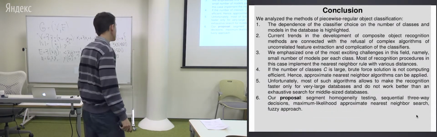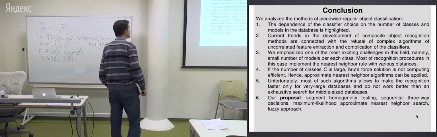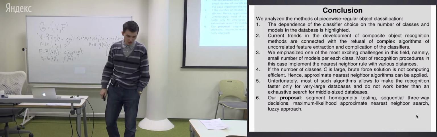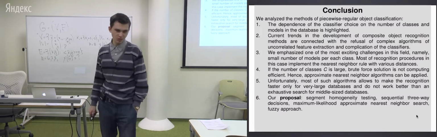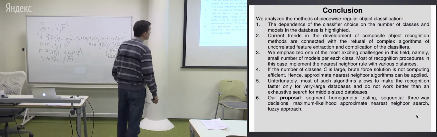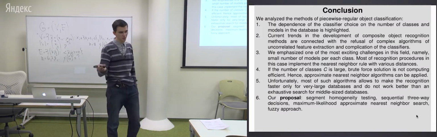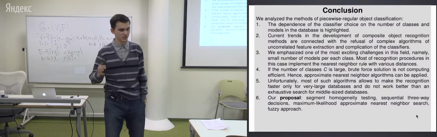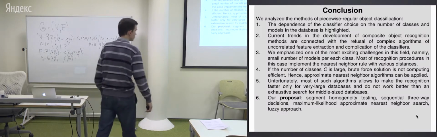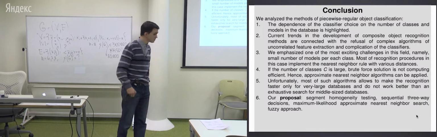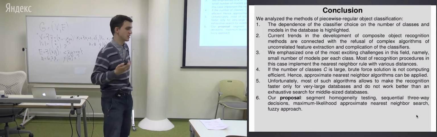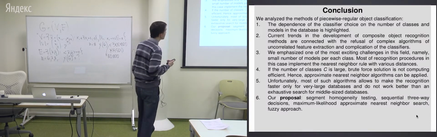Here is a very short conclusion. We spoke about small sample size. We understand that it's a really interesting and crucial problem, but also a very difficult one. We understand that the properties of classifiers depend on the number of models, so on the database, and we try to understand what properties of the database influence the recognition rate.